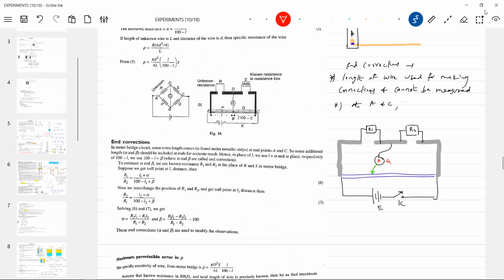Okay, you see this length is L1. This is 100 minus L1. Here is where the end corrections will come, alpha and beta. What are alpha, beta? The small elemental length of the wire which will be used for connections. Now I'll interchange the boxes, then I'll measure it.